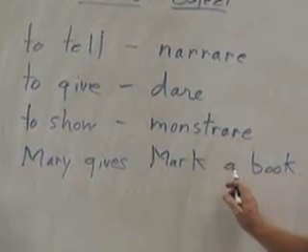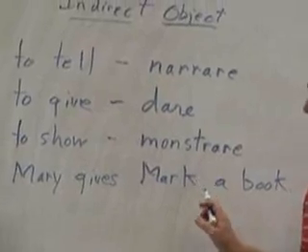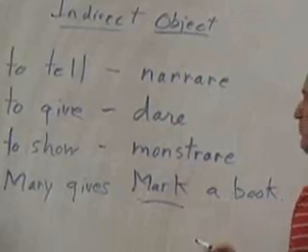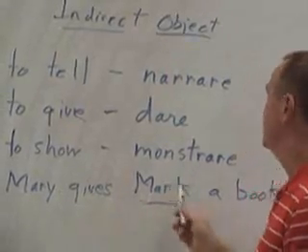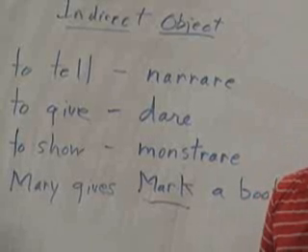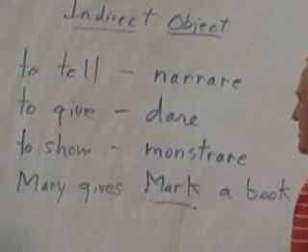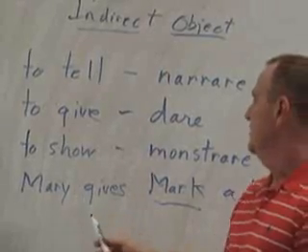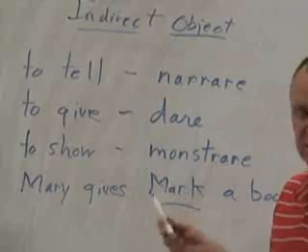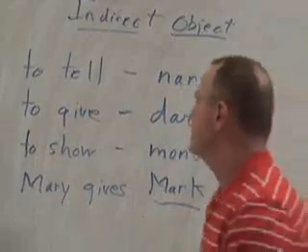This is the direct object. What does she give? A book. And this is your indirect object in English. And in English, we can change the word order one other way. We can say, Mary gives a book to Mark, almost like it's a prepositional phrase, which it's not. It's an indirect object form there. So we can say, Mary gives Mark a book, or Mary gives a book to Mark. We've been doing that in all our lives in English.